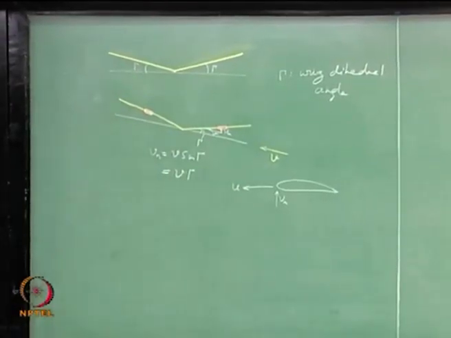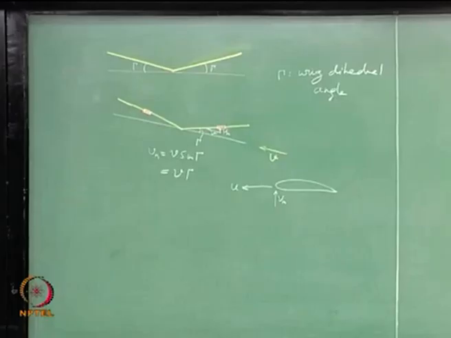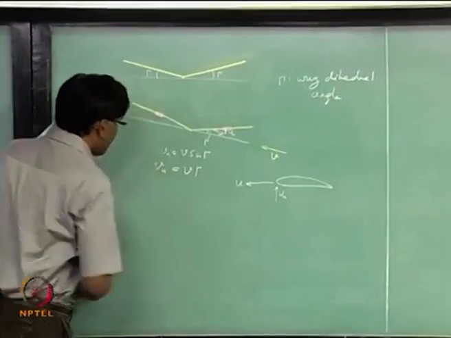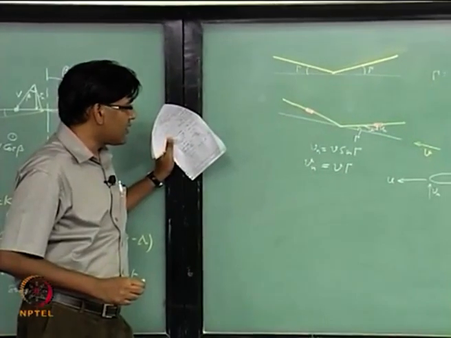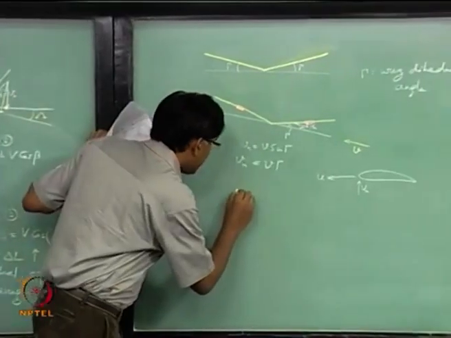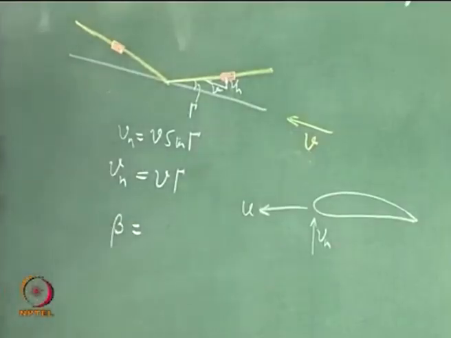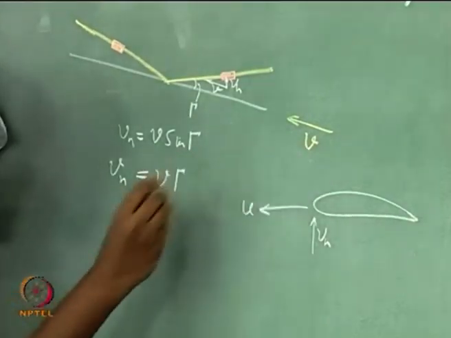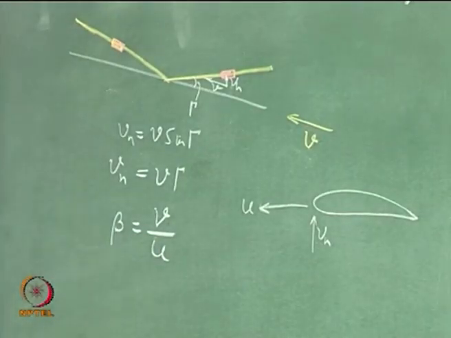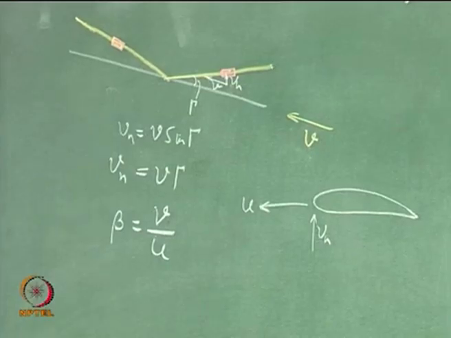Is this all right? Okay. How do you define the side slip angle, beta? Beta is small v over U. U is the forward velocity and this small v is the side velocity.